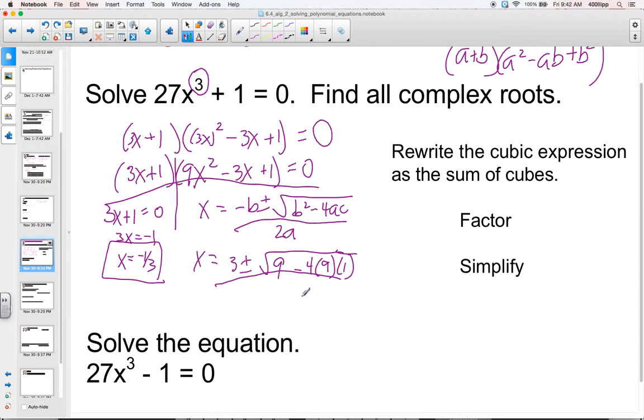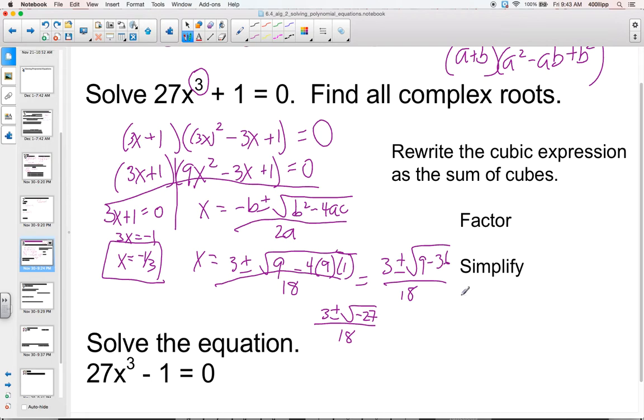And then we go 2 times a, or 2 times 9 is 18. Simplifying this here, we have 3 plus and minus the square root of, we do 9 minus 4 times 9 is 36. So minus 36 all over 18. 9 minus 36 is negative 27 all over 18.